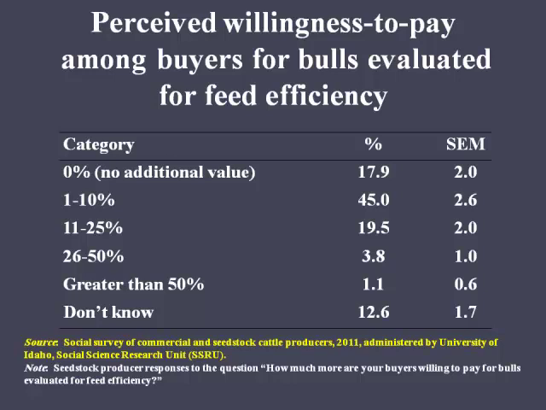About 45% of respondents said that buyers would be prepared to pay 1 to 10% more. 19.5% said they'd be prepared to pay 11 to 25% more. So it appears that there is some perception of the value of it, and that there may be some better understanding of what it may cost now to test bulls, and that they in fact may have some value.